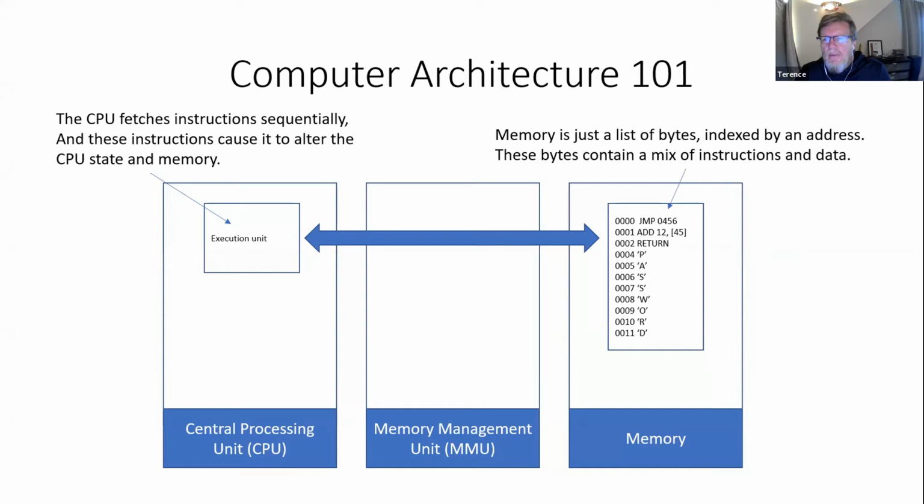And these bytes contain basically everything the computer can operate on, which is a mix of instructions that tell the CPU what to do and data that is going to be operated on by those instructions. And that data can, of course, contain interesting things, like in this example, we've got a password, the world's most popular password, stored in this memory. So available to the CPU to do computations on, but also available to anyone else that can actually read that memory.